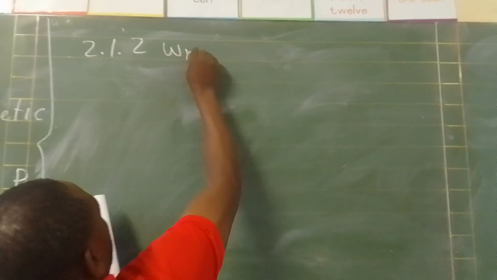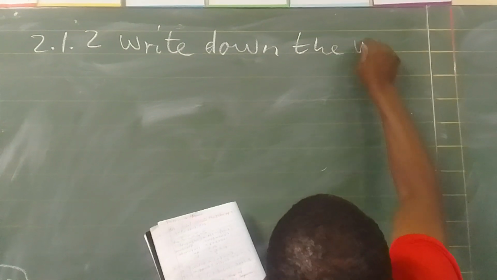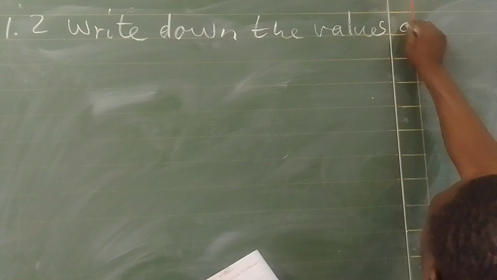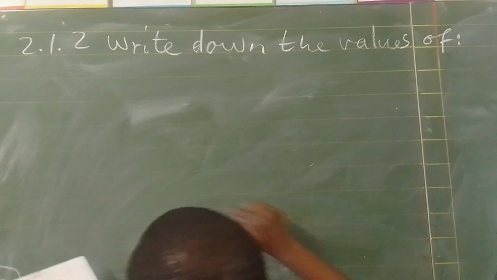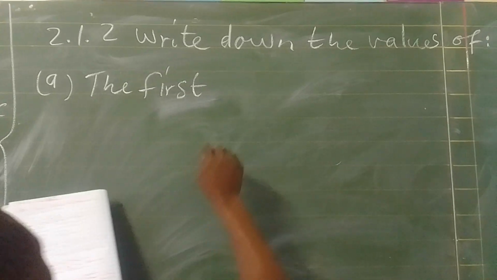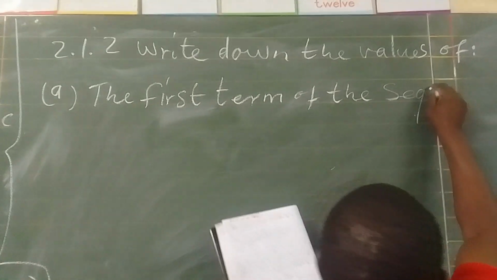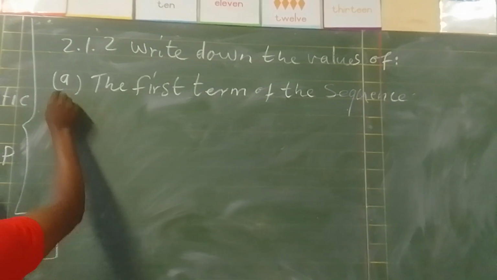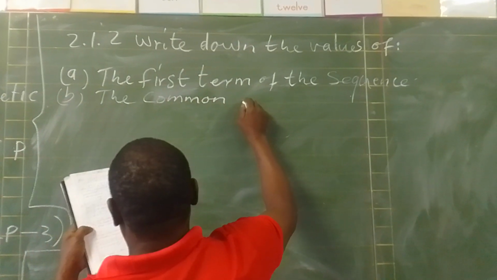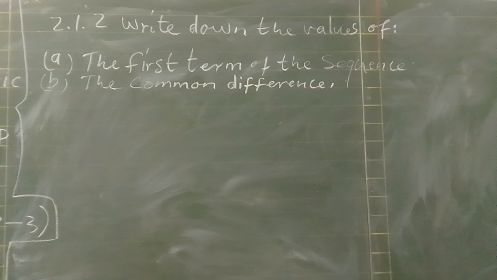It reads as follows: write the values of A, the first term of the sequence, and B, the common difference.